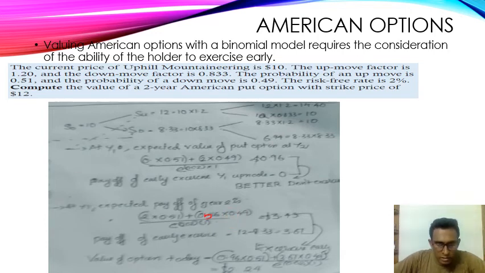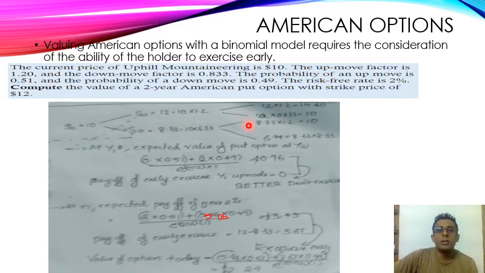So 5.06 I'll be gaining into 0.49. Then I will be bringing it back to first year, that is discounting with 0.02 into 1 year, which gives me 3.43.